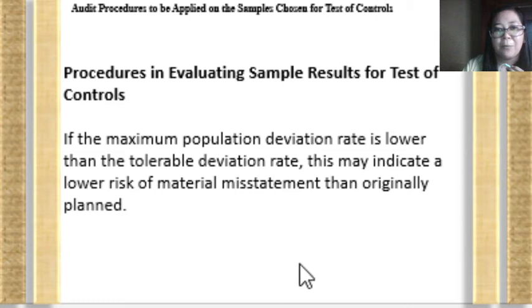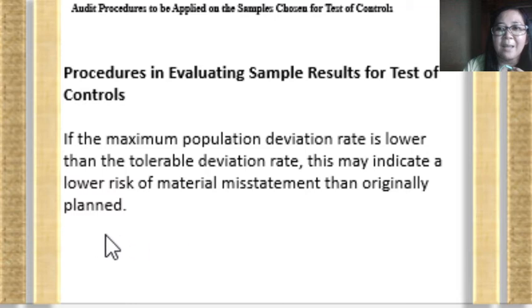What about if the case is the opposite, where in this case, maximum population deviation rate is lower than the tolerable rate? Okay, for example, again, our tolerable rate is 20%, but upon the determination of the auditor of the population deviation rate, it's only 15%.